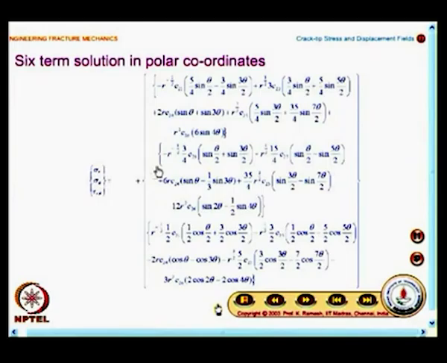And for sigma theta, you have this as minus r power minus half multiplied by 3 by 4 C21 sin theta by 2 plus sin 3 theta by 2, plus r power half 15 by 4 C23 sin theta by 2 minus sin 5 theta by 2, plus 6 r C24 sin theta minus 1 by 3 sin 3 theta, plus 35 by 4 r power 3 by 2 C25 sin 3 theta by 2 minus sin 7 theta by 2.